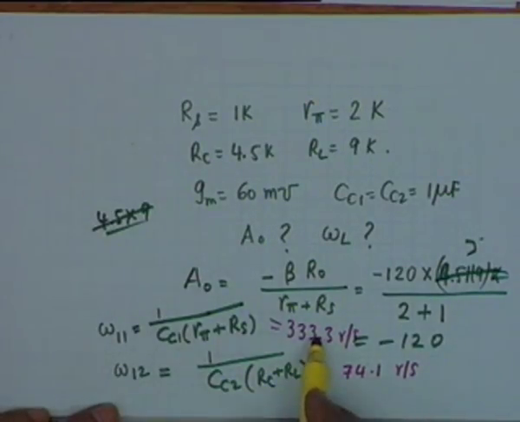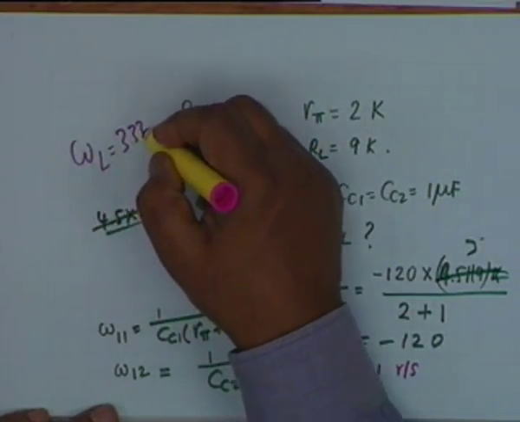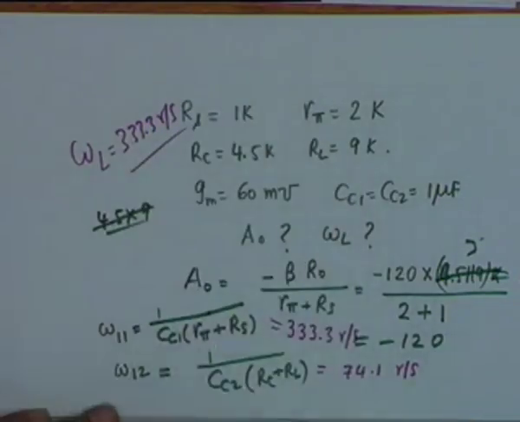Well, this is about 5 times, isn't that right? This is about 5 times this, and therefore your omega L is equal to 333.3 radians per second. All right. This is an example of analysis.